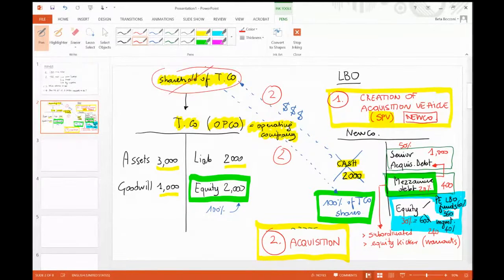Shareholders of TICO are out, because they get the money and run away, and in exchange for this cash they hand over 100% of TICO shares. At this point, as you can imagine, the NewCo controls 100% of TICO company.